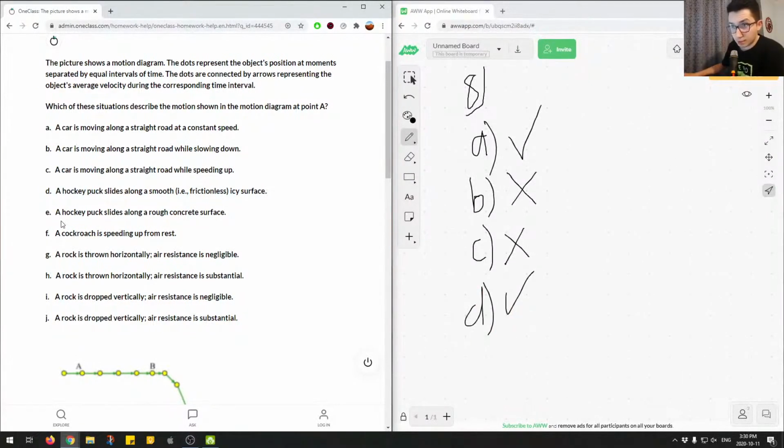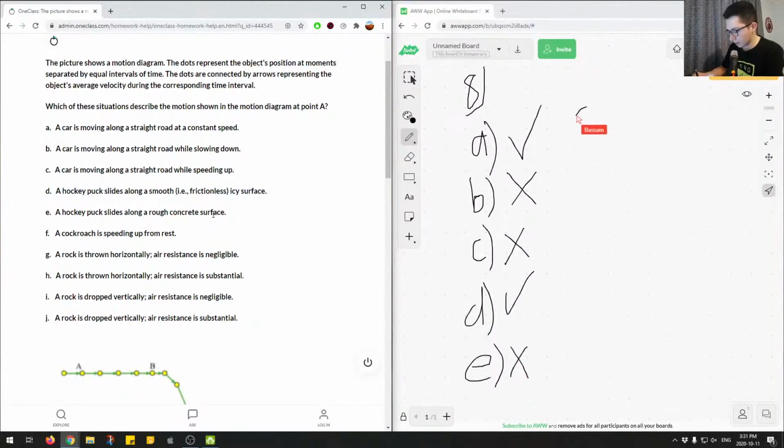In comparison, E, a hockey puck slides along a rough concrete surface. So this option is telling us there's a rough concrete surface, therefore there's a friction force that is decelerating the hockey puck, and we know that E is incorrect because it doesn't have constant speed.